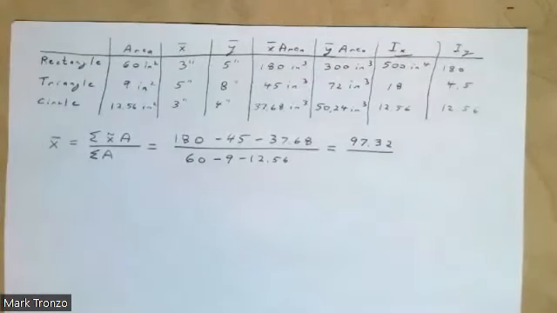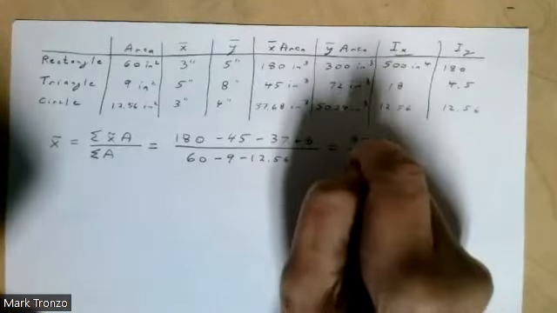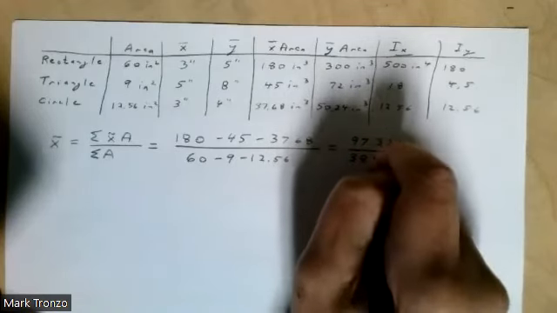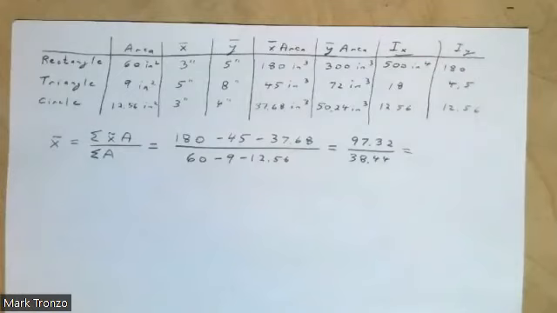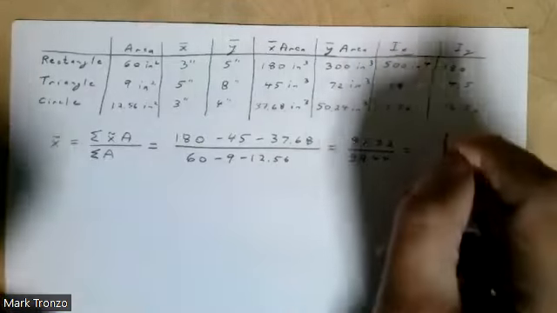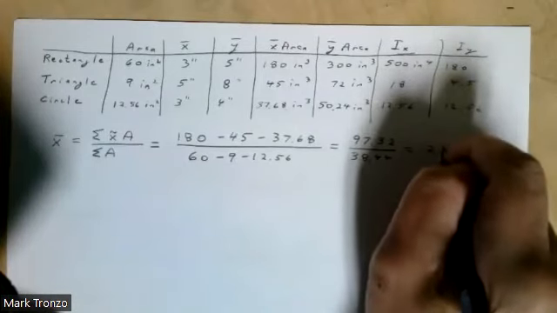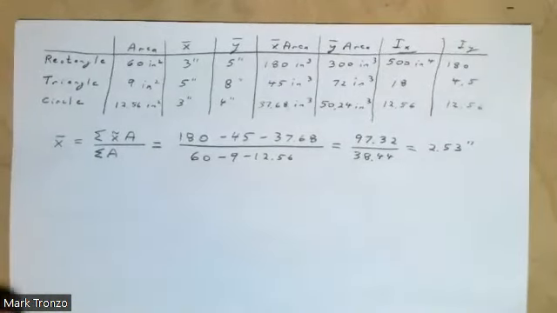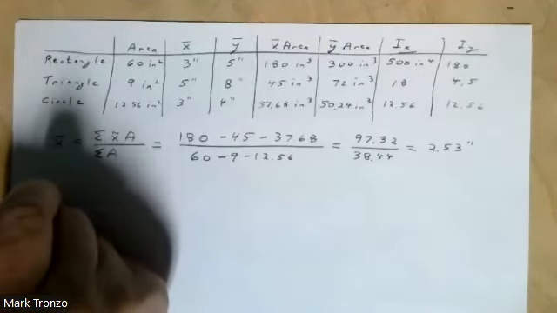That gives 97.32 over 38.44. I got about 2.53 inches. That's the overall centroid for the overall part.